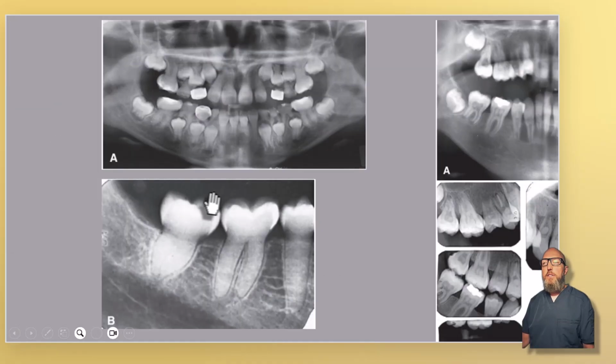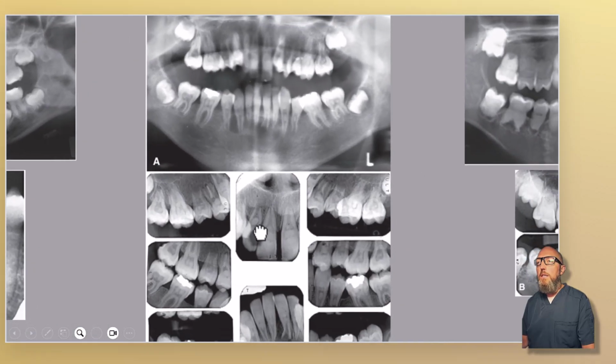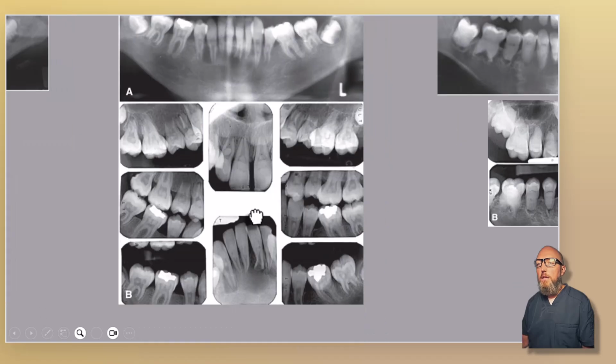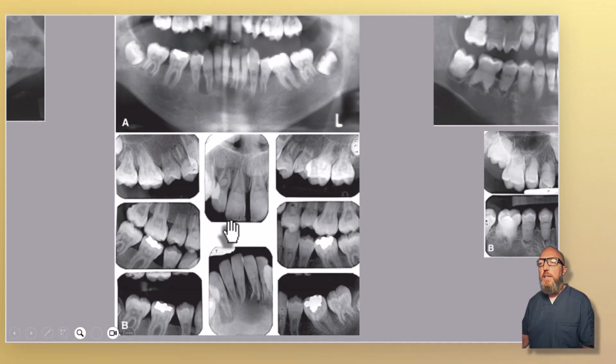Let me zoom in on each of these. This one does have those narrow, almost looks elongated roots. See the cervical constriction, bulbous crowns. What's that one? Keep that in mind as I go over here. This one, you see the pulp stones in here? So it's kind of changing the shape of the pulps, but the root outlines look relatively normal. That's one of our dentin dysplasias.